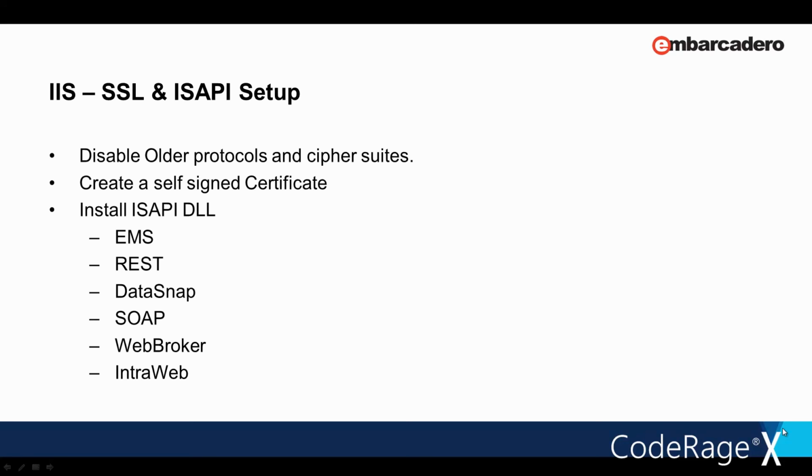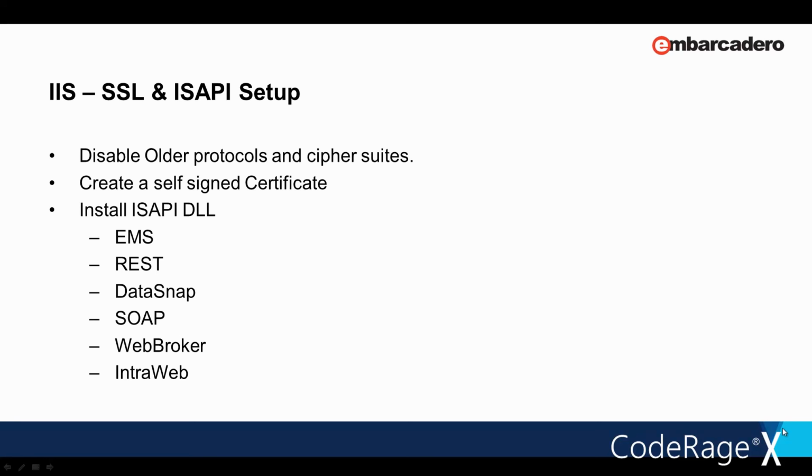We're also going to talk about how to create a self-signed certificate using the Windows tools. You can also still create a PFX file from OpenSSL and import it into IIS, but there's a little button that does it all for you, and so we'll show you that. And then we're going to talk a little bit about how to install an Icehappy DLL into IIS correctly.